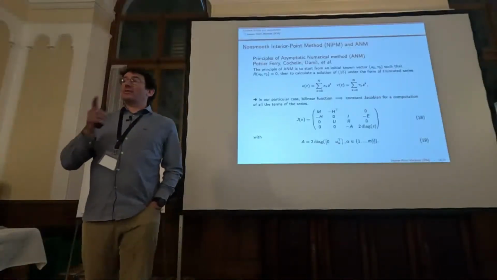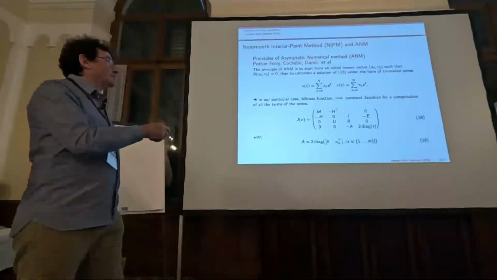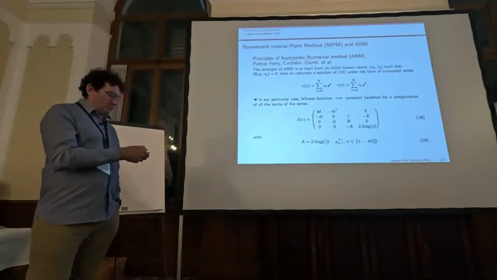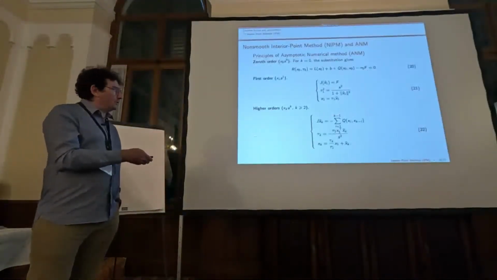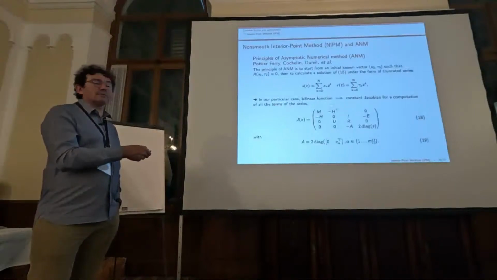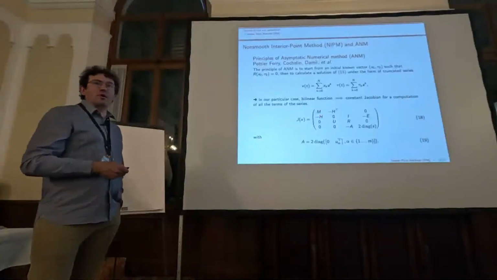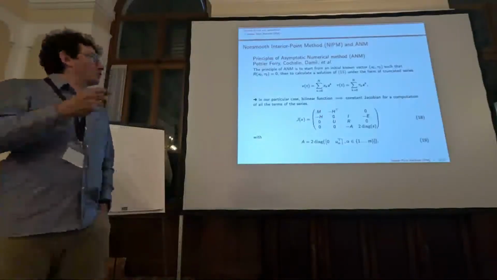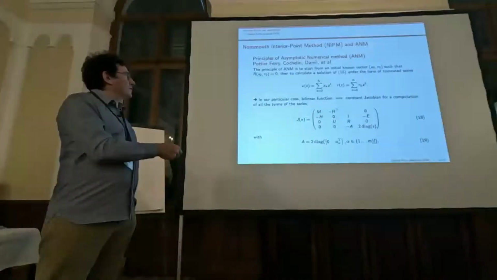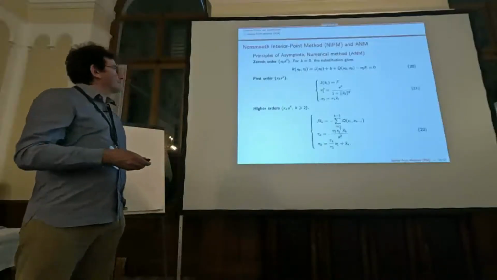We know that the central path is analytic, so we compute all the terms of the series, okay? Fortunately, in our case the Jacobian is constant for all the terms of the series, so we have just to invert the Jacobian one time and compute the n terms of the series.